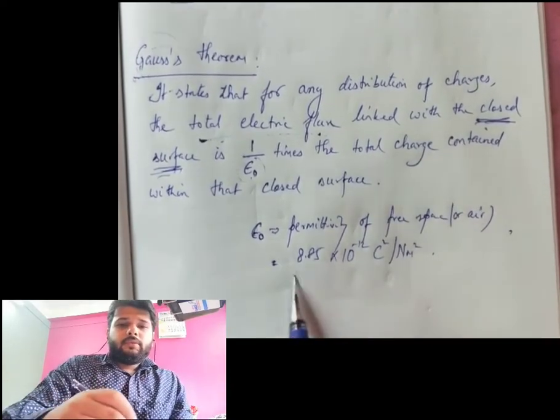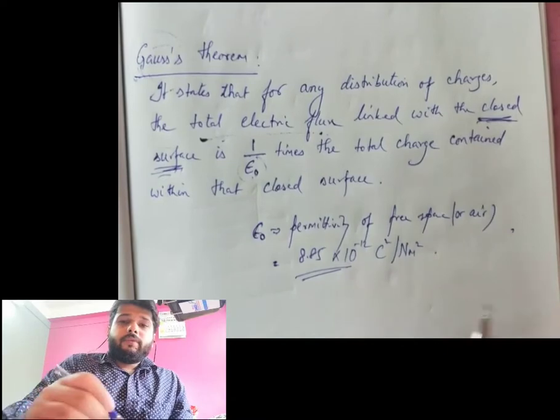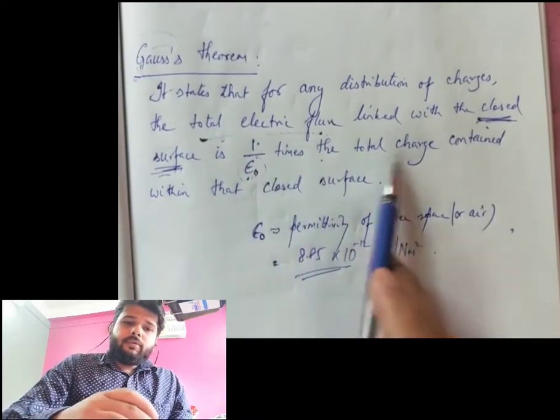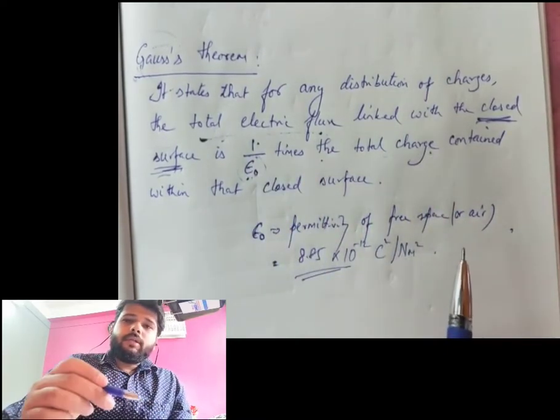So 1 by epsilon naught times the total charge contained within that closed surface.